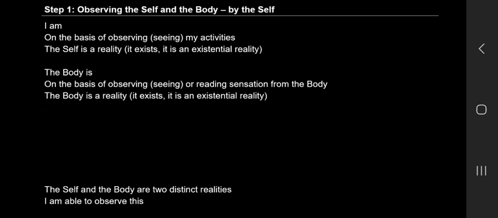Think about it. If you see, you can say that I can see the body. When I stand in front of the mirror, I can see the body. But what do you mean when you say you can see the body? The image or the reflection of that body is falling on the eye of the body, and you, the self, are interpreting that this is my body, isn't it?